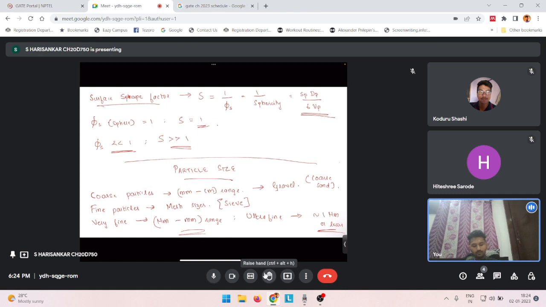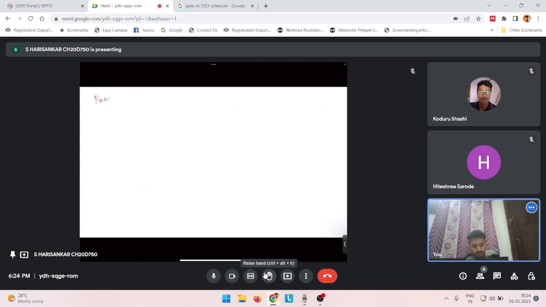So when we define particle size, we use various terms actually. But we try to define everything in terms of a sphere, so we try to define the particle size in terms of a diameter.